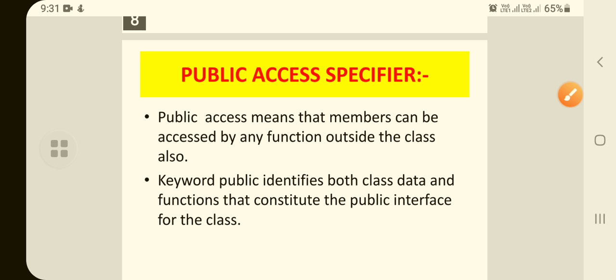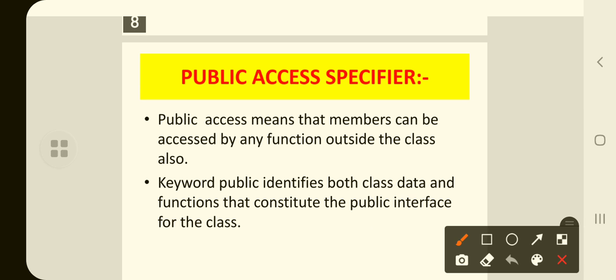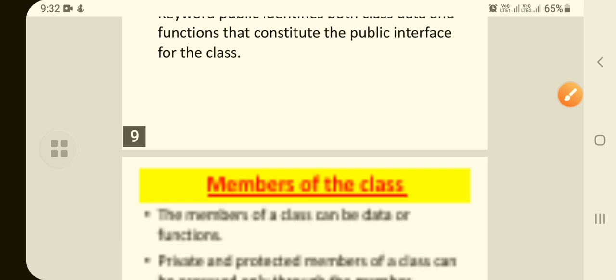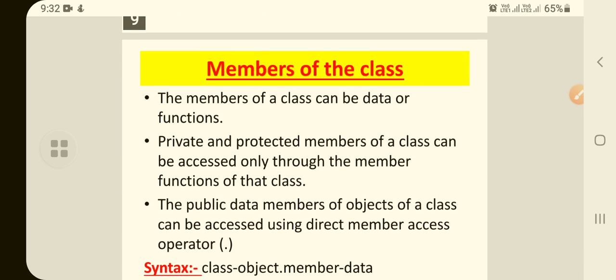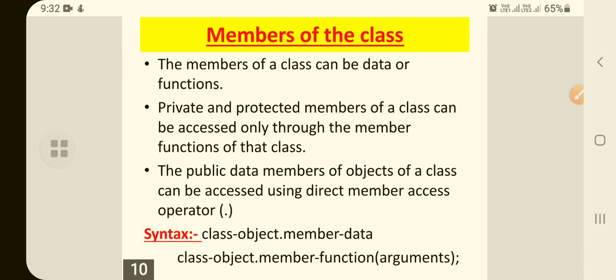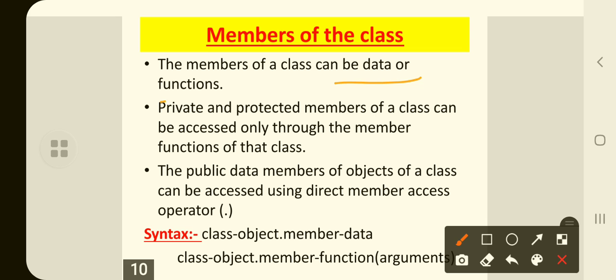Okay, students. So this is the information you should know with respect to the public access specifier. Okay. So next are the members of the class. Members in the sense it can be data or it can be a function.